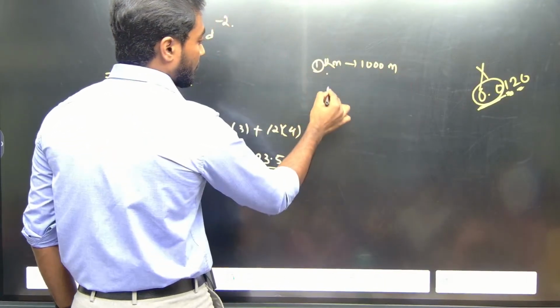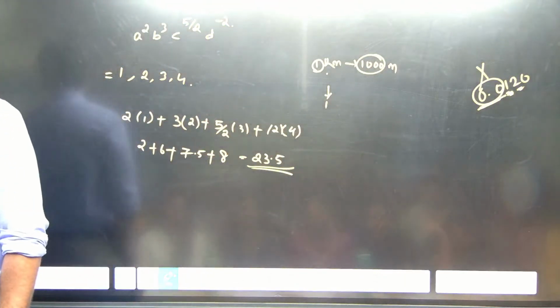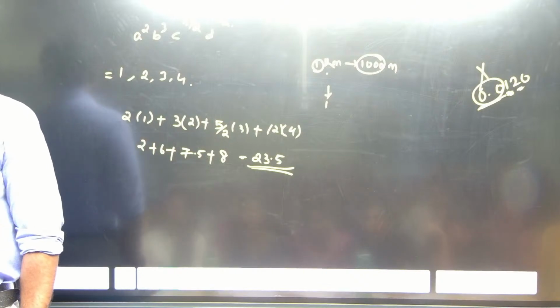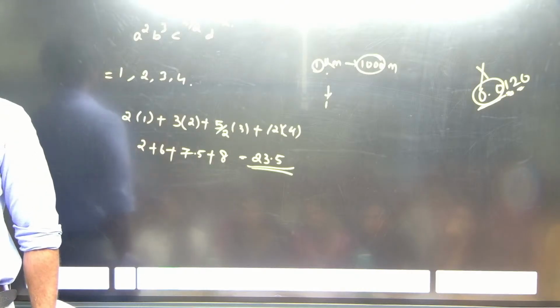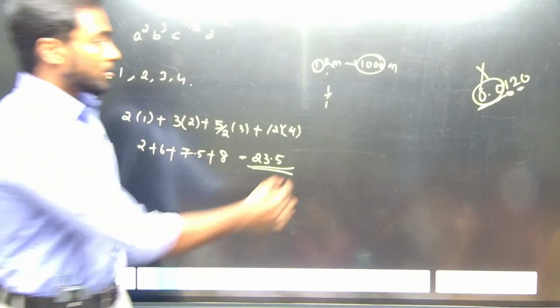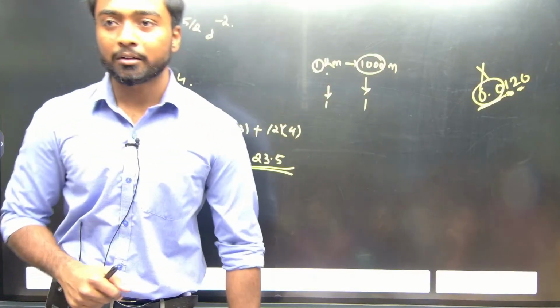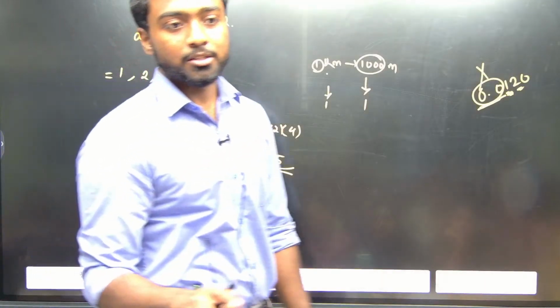So 1 significant figure, 1000. After decimal, if zeros are occurring, I can take them as significant. In between, if zeros are occurring, I can take them as significant. If trailing zeros are occurring, I should not consider them significant. How many significant? 1. So is there any change between these two? If we change the unit also, significant figures don't change.